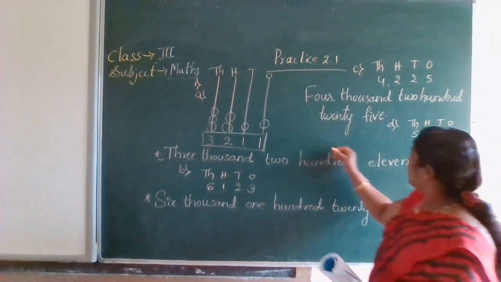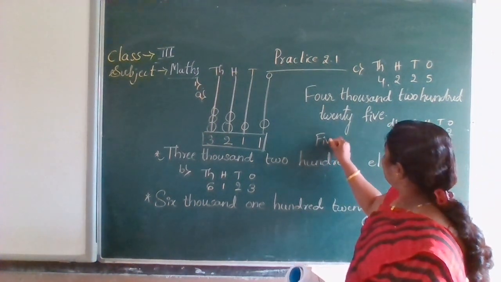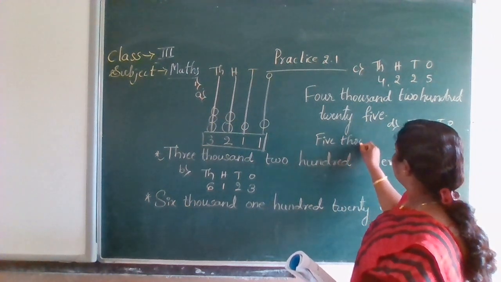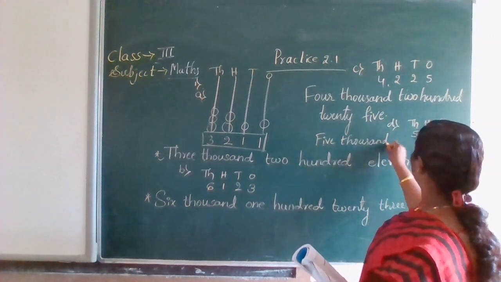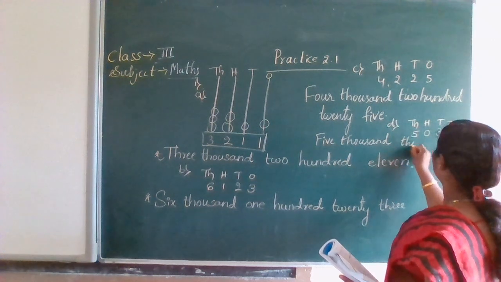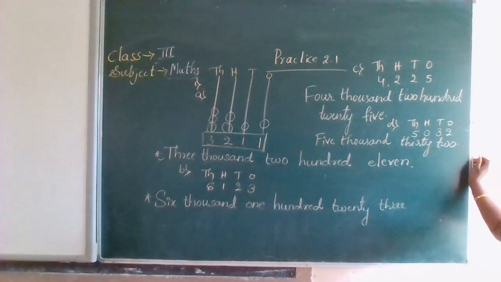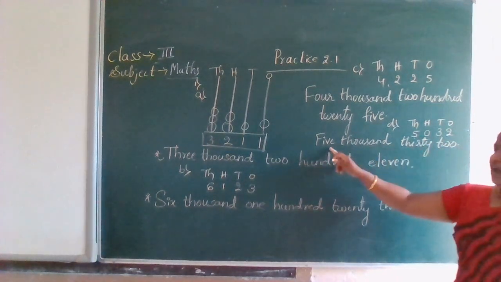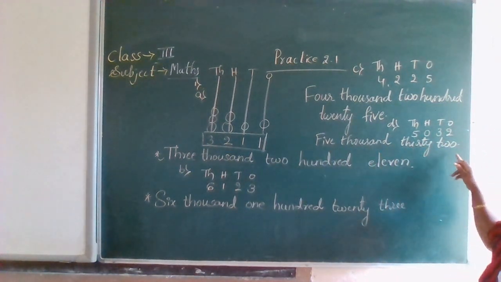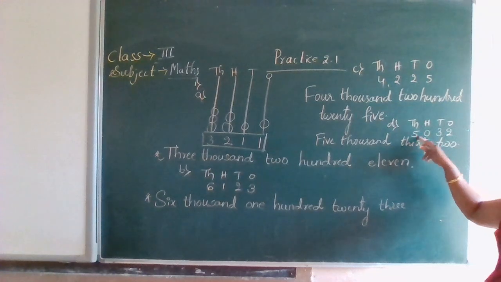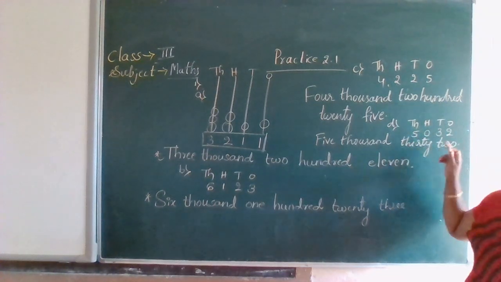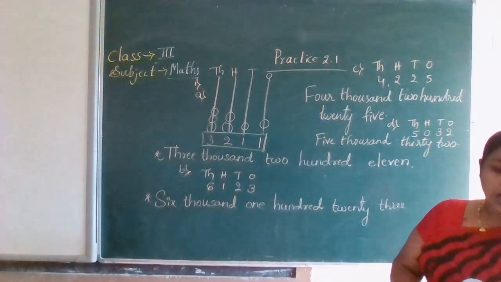Then the number is 5,032 and the number name follows. This is the first question.